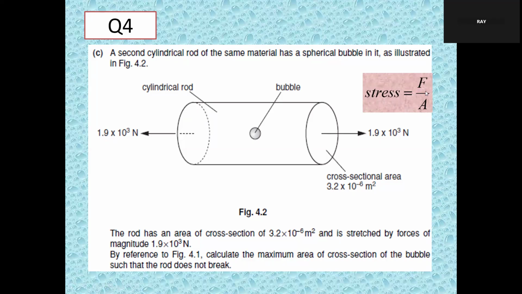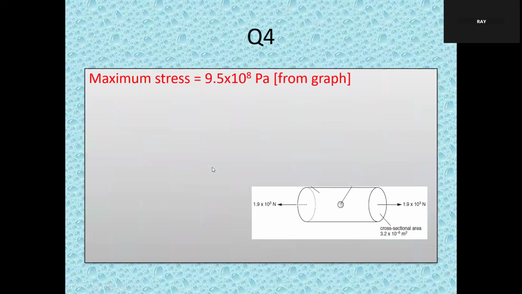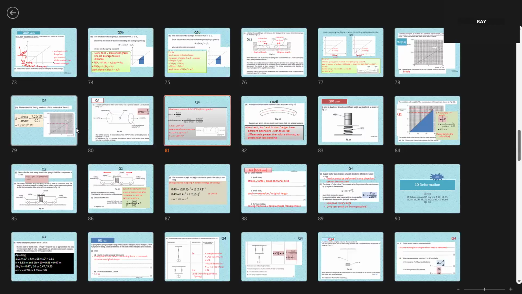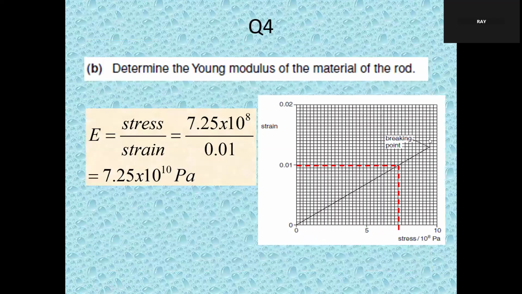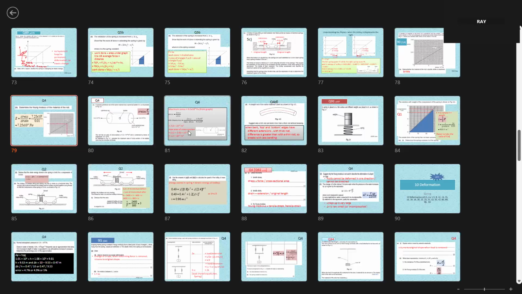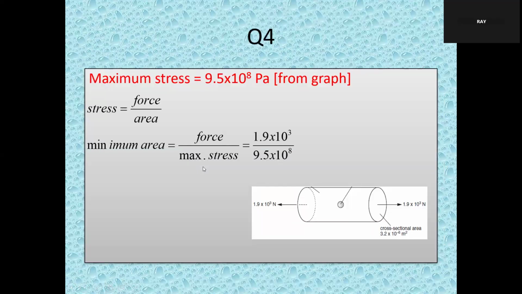Use the formula. Maximum stress from the graph is 9.5. Okay, 9.5 here, from the graph. Then stress is force over area.